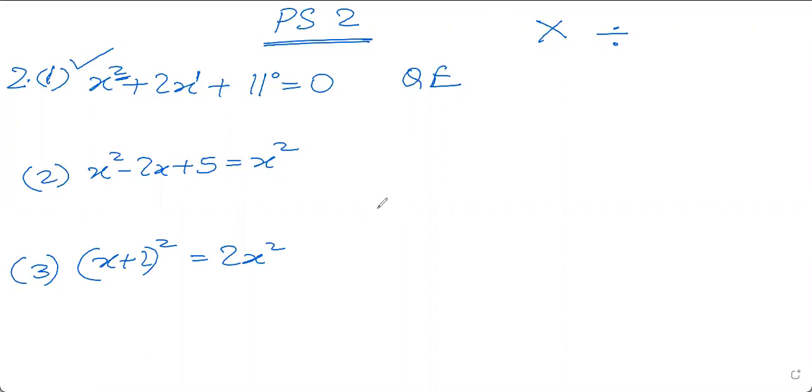Now look at the second equation. It's not in the simplest form. Yes, there is no multiplication or division, I agree. But the equation can be further simplified because the like terms can be added or subtracted. So let's do that. If we move this x square from right to left, it becomes x square minus 2x plus 5 minus x square equals to 0.